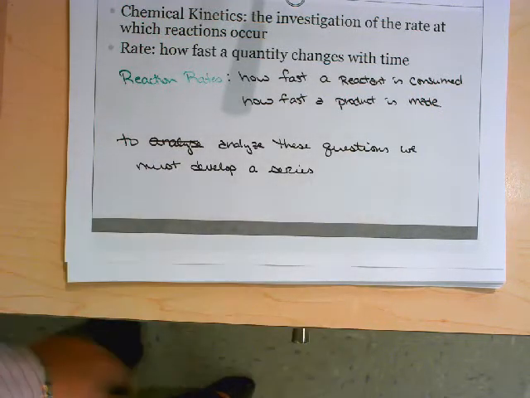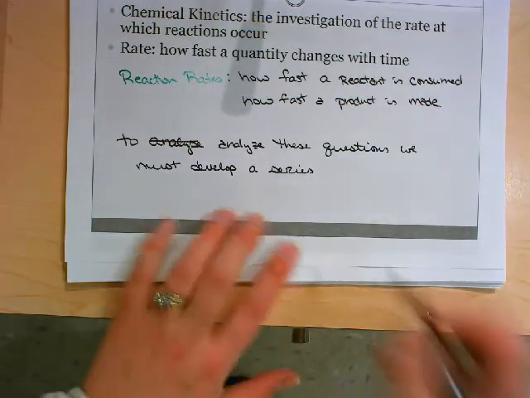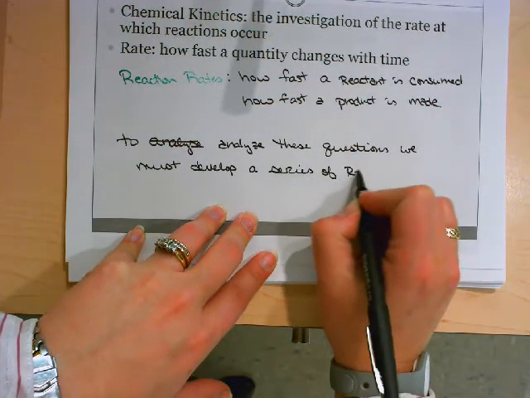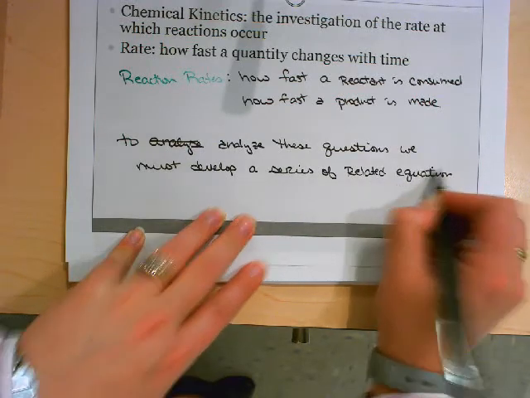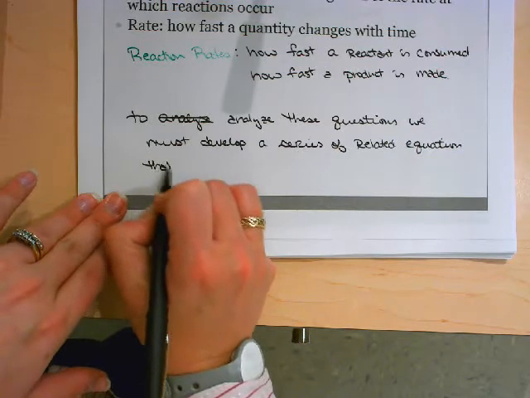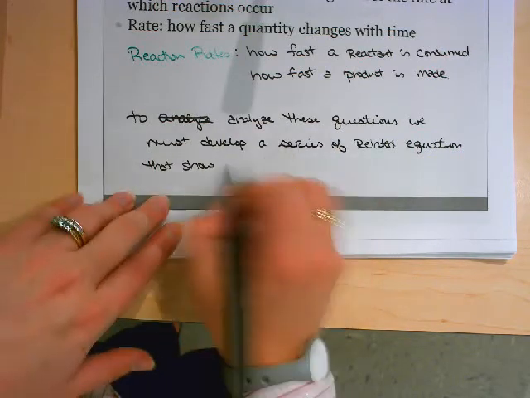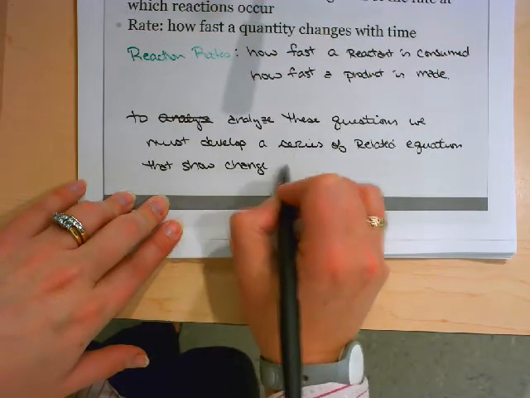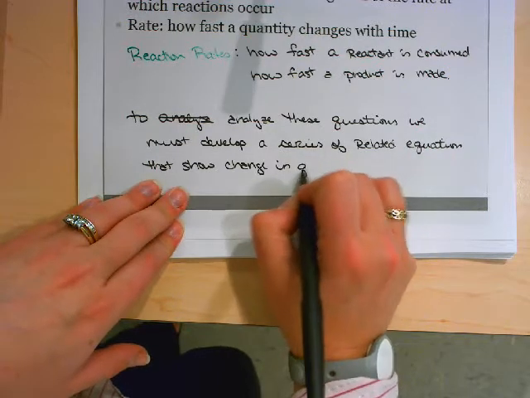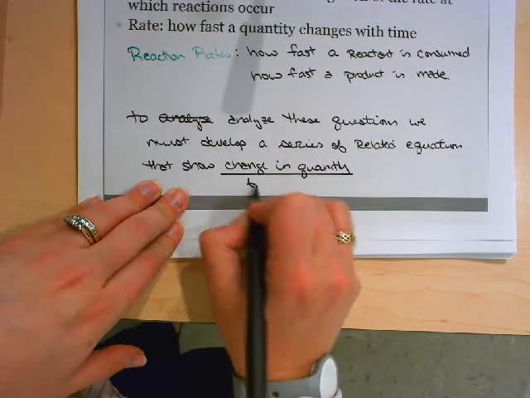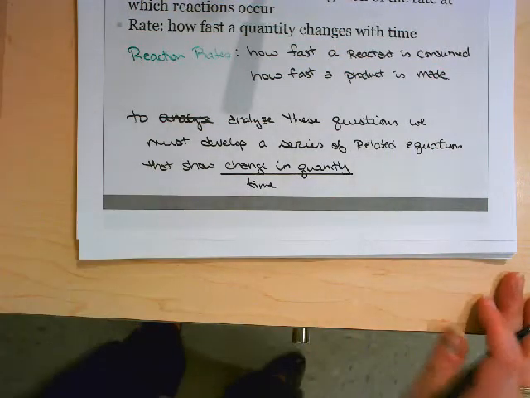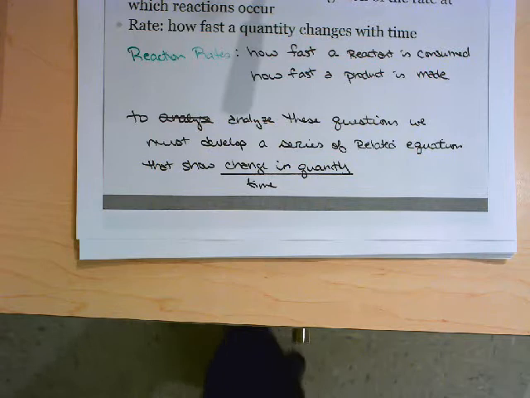Alright, so to be able to answer these questions, we have to develop a series of related equations that show change in quantity for some change in time. Mathematically, I'm talking about change in something over change in time.